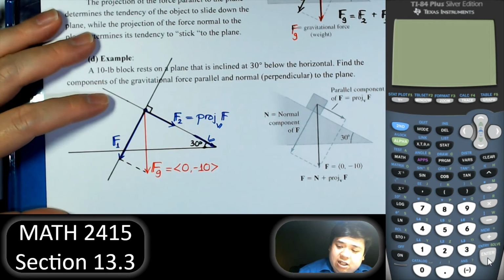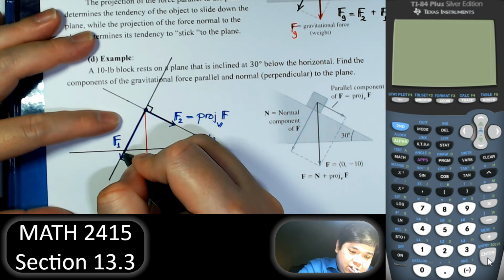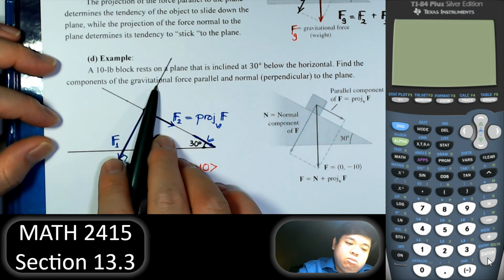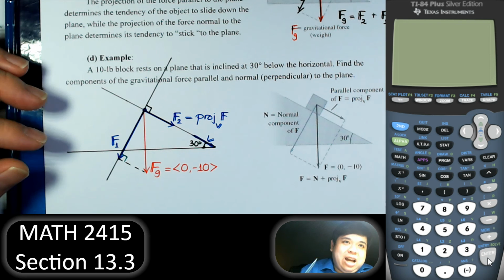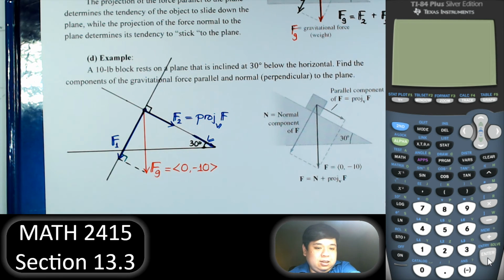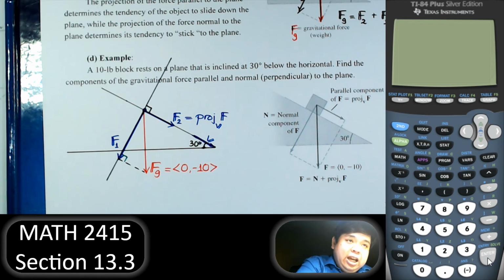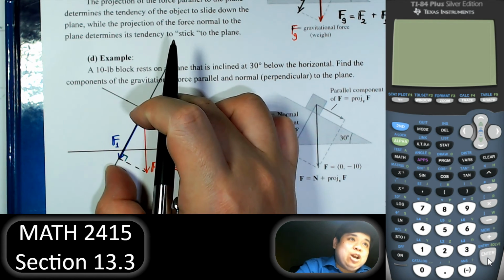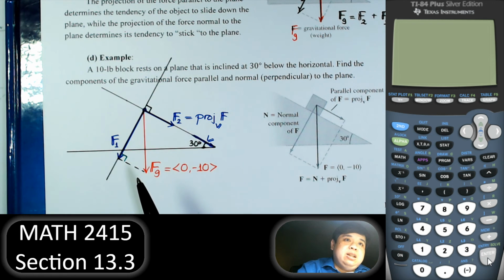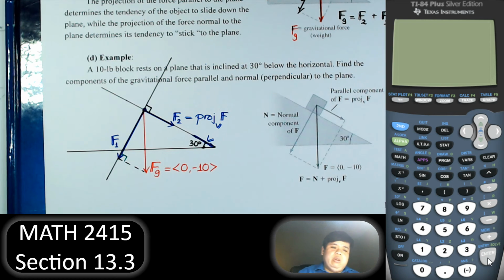But we don't even need that. This is a 30 degree angle, right? If we want to find the components, that takes some work, but if we just want to find the force, that will be easy. We just use cosine of 30 degrees, and that should be easy.